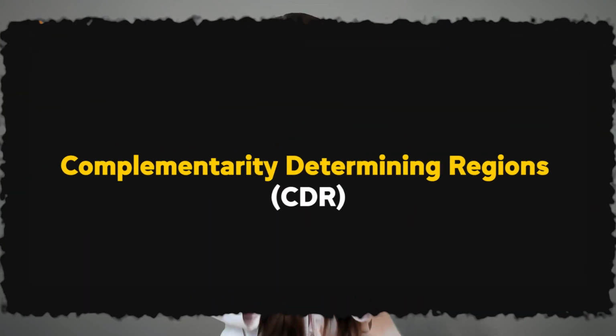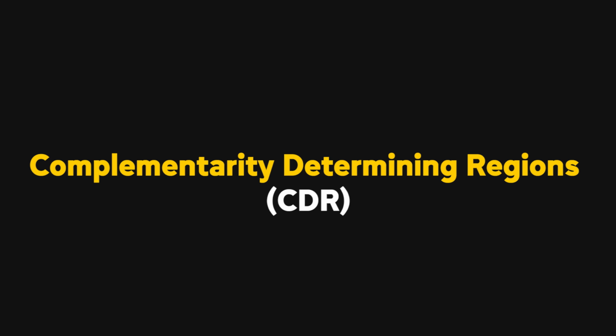Now, these are the regions that determine the specificity of antigen binding, and they're usually referred to as complementarity determining regions, or CDR. Now, the substitution of a single amino acid in this region is crucial for the binding of a particular antigen. The interaction with specific receptors, however, and the degree of complement binding is determined by the constant region.